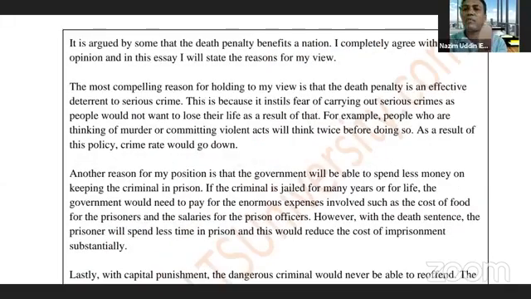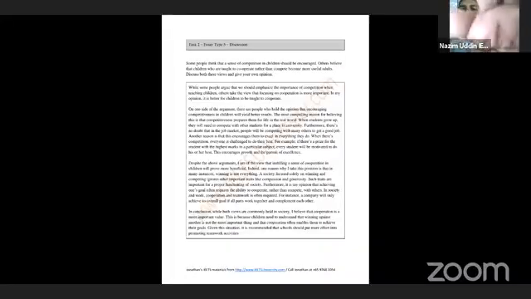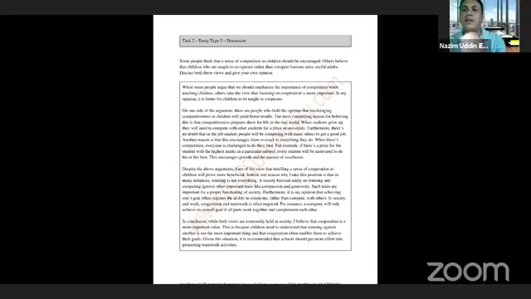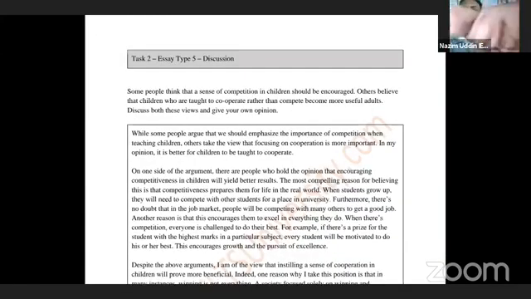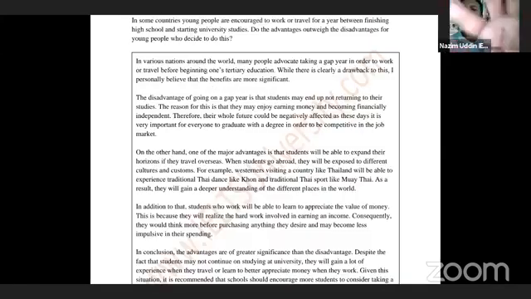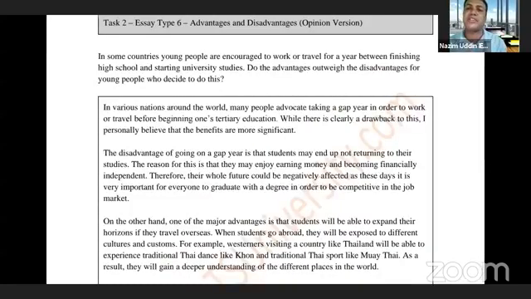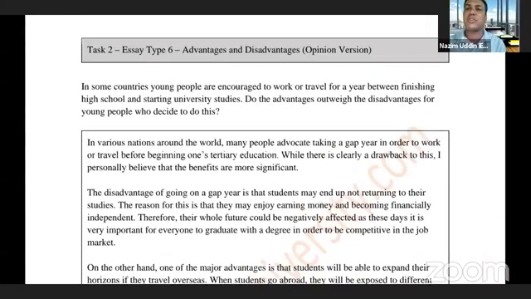We can see another type of question here, advantages or disadvantages. This is about advantages and disadvantages. In some countries, young people are encouraged to work or travel for a year between finishing high school and starting university study.